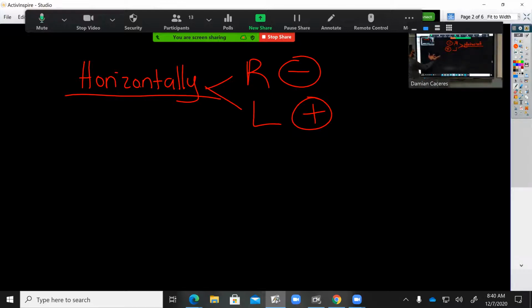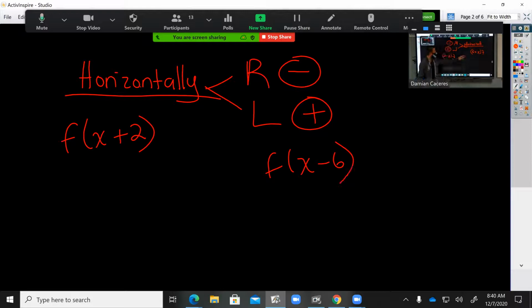But now, how does this rule look compared to the vertical rule? Watch. The only difference is, instead of the number being outside the parentheses, the number is inside the parentheses. So for example, this one over here, you look at it and you say, okay, I know it's horizontal. I know it's 2 units. But in what direction is plus 2 moving? Right 2 or left 2? Left 2, because left is plus, and that says plus.